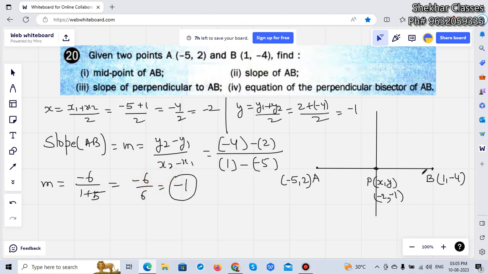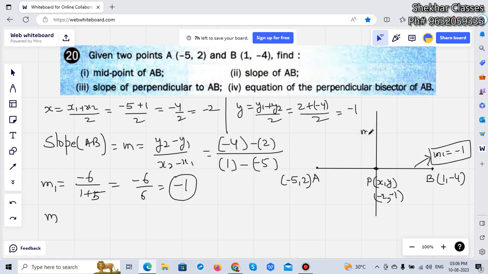So we have got the slope of this line, say m1, as minus 1. Now we have to get the slope of the line perpendicular to AB. Let the slope of the other line be m2.